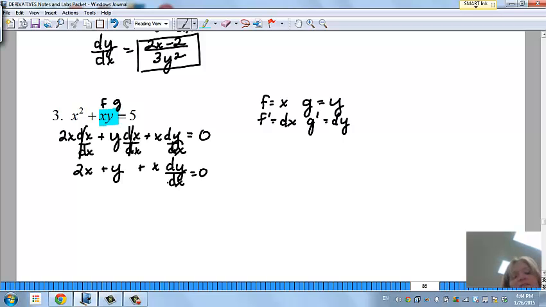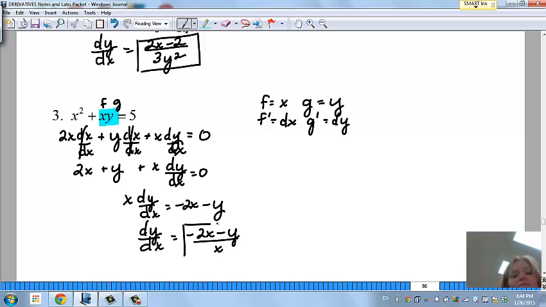So I'm going to leave this on this side and move those other two over there. So I have x dy/dx equals negative 2x minus y. Alright? And divide by x, so I have dy/dx equals negative 2x minus y all over x. And there's my derivative.